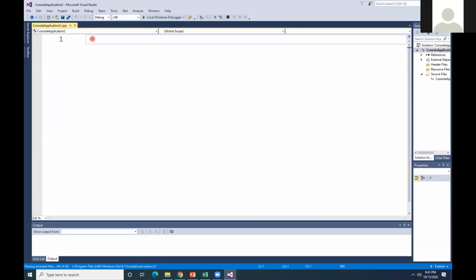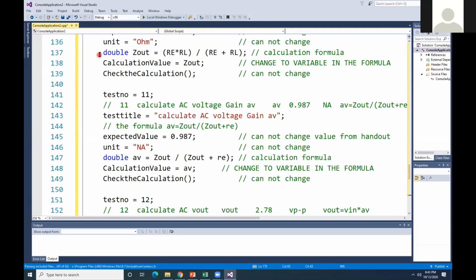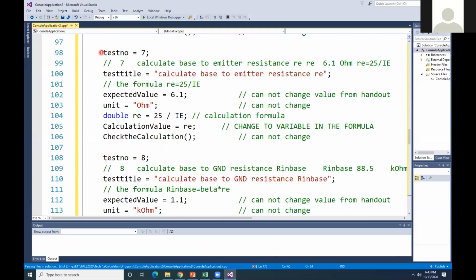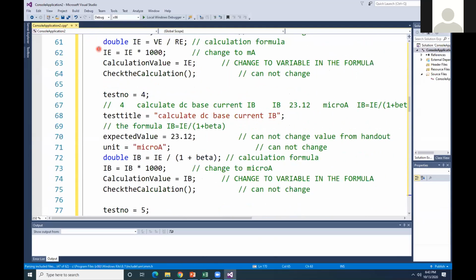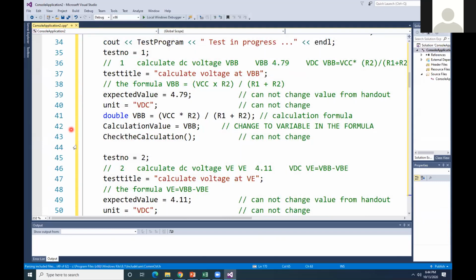Then Control V. So basically, I will delete everything. Keep only one test, test number 1.